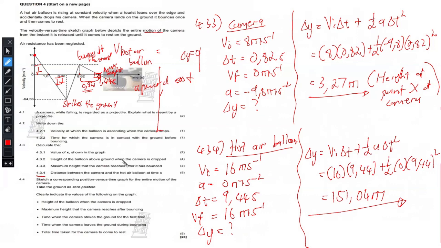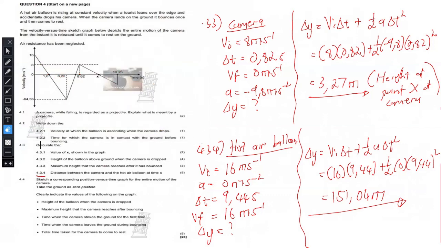So, okay, in order to then calculate now, this is what we are going to do. I want you to just note this. Remember, the 151.04 that we have calculated there is the height of the hot air balloon from the position it was in, right? Not from the ground. So from the position it was in when the camera dropped above the ground.